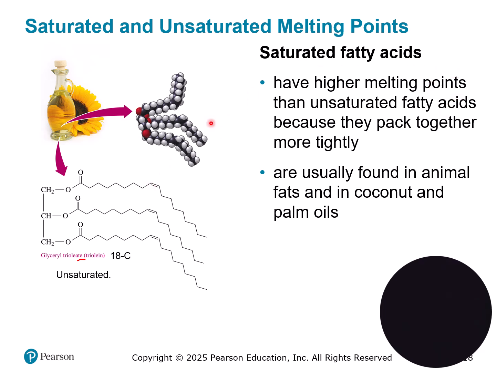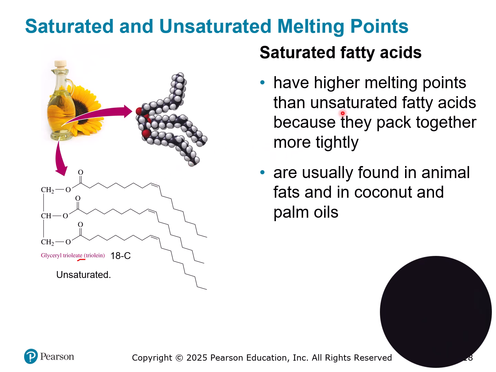Well, saturated, if we were to turn this into a saturated molecule, we have to get rid of these double bonds and put hydrogens here. We'd have to use hydrogenation. We add two hydrogens across the double bond, and we turn it into a single bond with the addition of a hydrogen at each carbon, right?